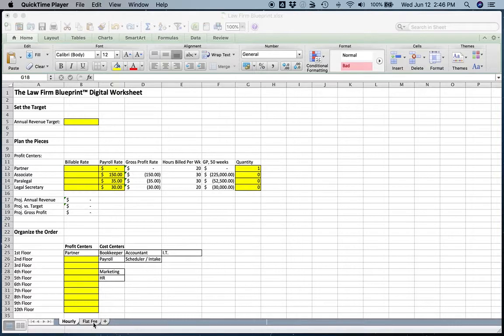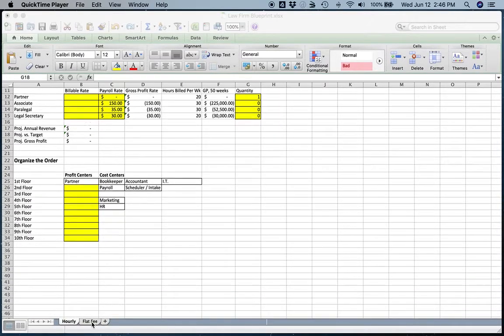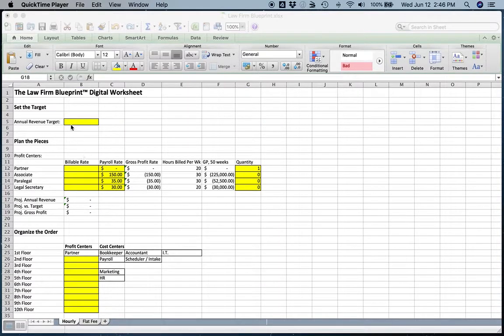There's also another tab for a flat fee type of firm or contingency firm, basically anything where you're not charging by the hour. So we have an annual revenue target, which is the revenue for the firm that you want to hit. And then for each group here, we have partners, associates, paralegals, and legal secretaries. An average payroll rate, so what they're actually getting paid as a W-2 employee.